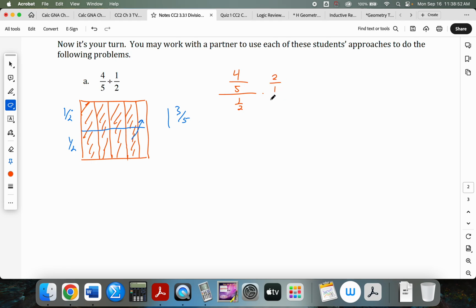So we multiply by 2/1 over 2/1. That gives me 8/5 divided by 2/2, which is 8/5 over 1, or 8/5, which is 1 3/5.